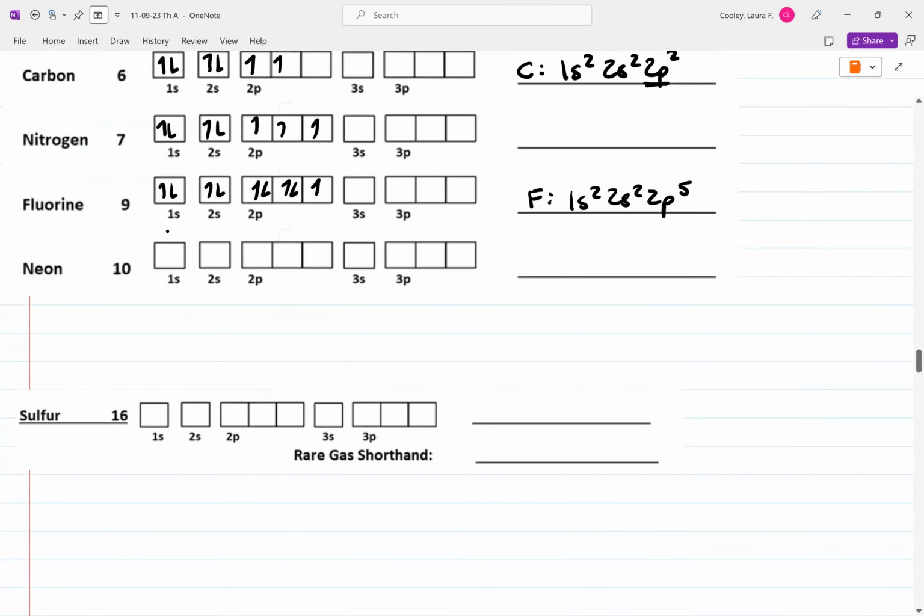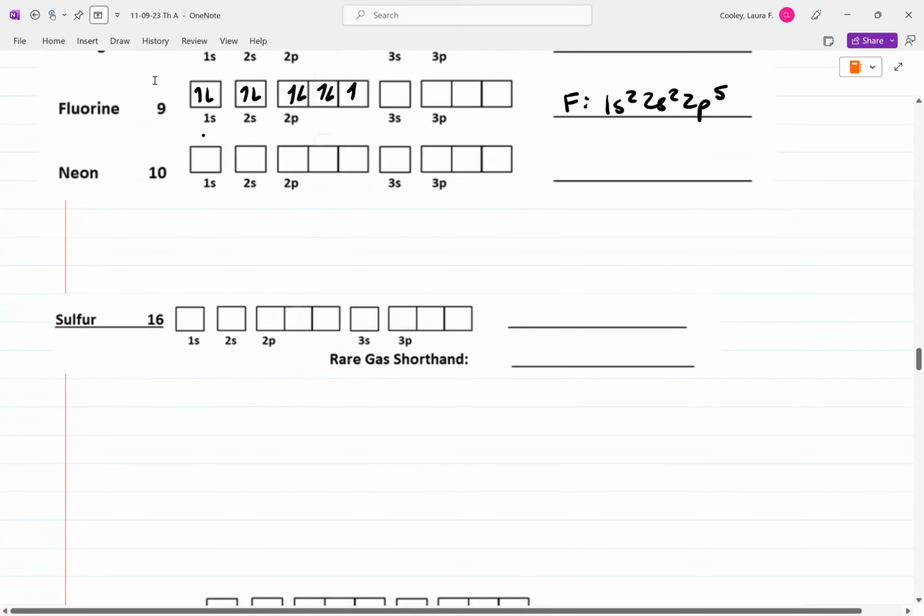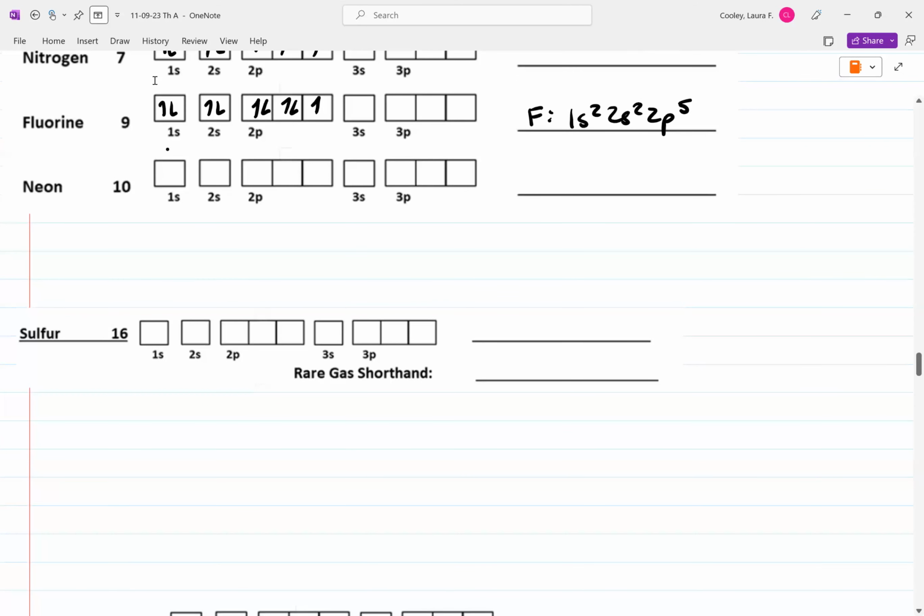I'm going to use sulfur to show you the rare gas shorthand. So sulfur has 16 electrons. 1, 2, 3, 4, 5, 6, 7, 8, 9, 10, 11, 12, 13, 14, 15, 16.